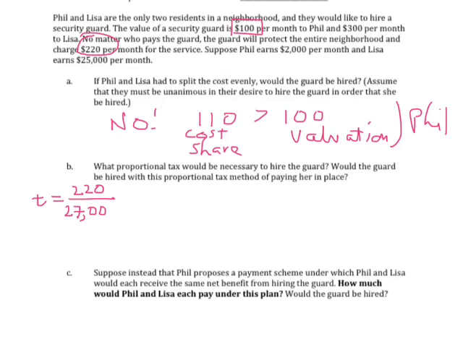We take that ratio, we plug it into our calculator, and we get 0.008148. It's going to be important to carry the decimals out a few places because we're going to be applying that proportional tax to thousands of dollars worth. So let's carry it out to at least, I don't know, 100,000ths, something like that.